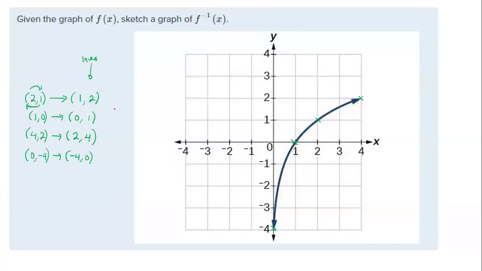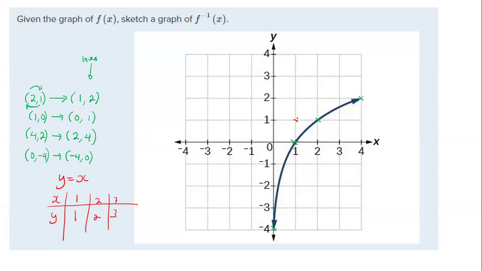So I'll plot them such that I can get my line. But the first thing you do is draw your reflection line, and we said our reflection line is always y is equal to x. And y equals x means that the y value is the same as the x value. So in case you want a table, you say x and y. When x is 1, y is 1. When x is 2, y is 2. When x is 3, y is 3. But what I want you to remember is that it is always the diagonal line that goes through 0.